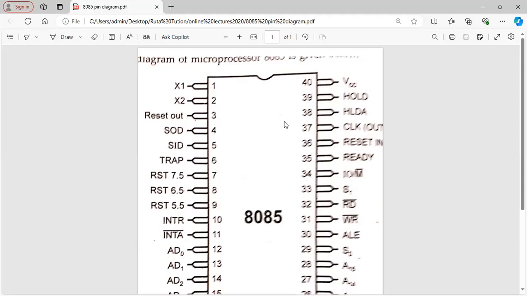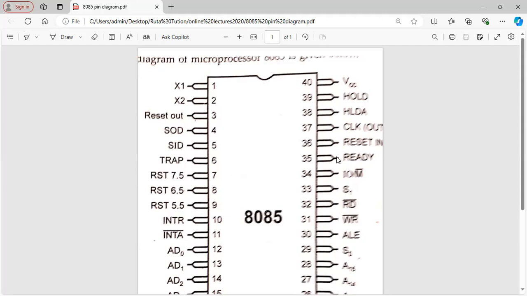Once HLDA is high, the address and data buses are released by the microprocessor for DMA. So the word DMA should come when you are explaining hold and hold acknowledge.